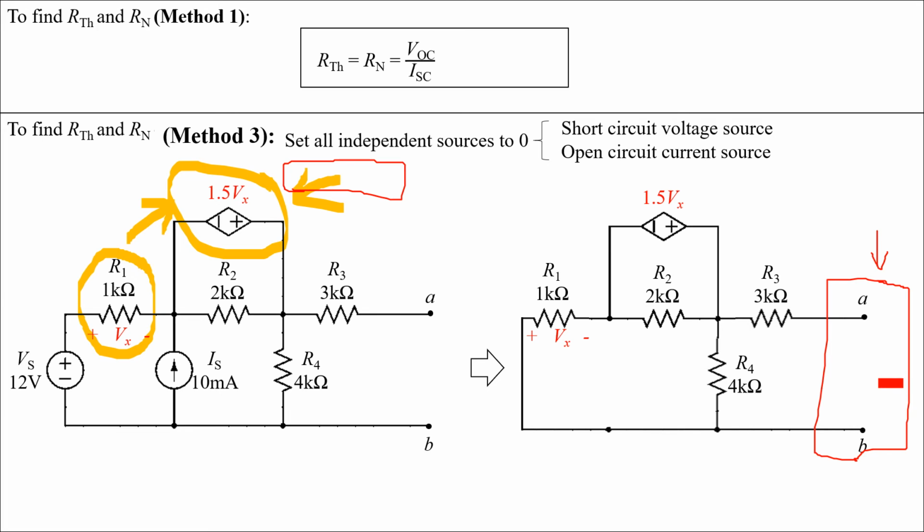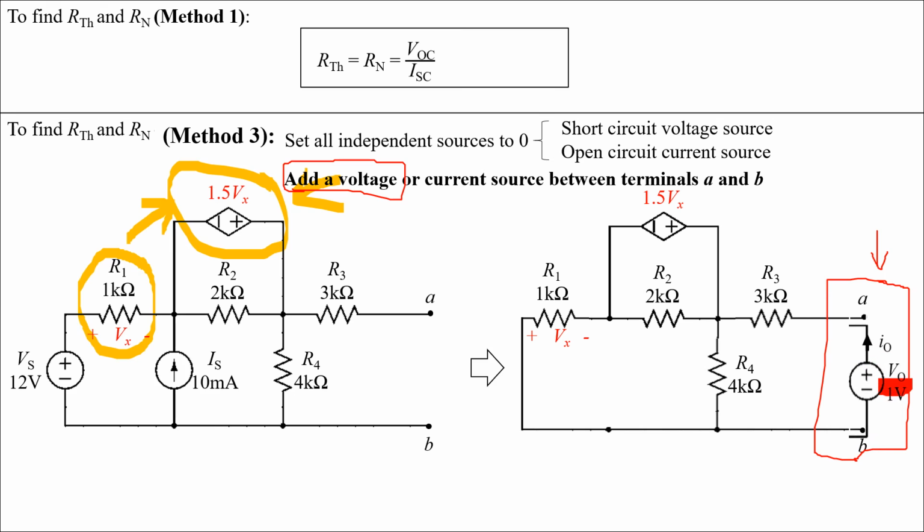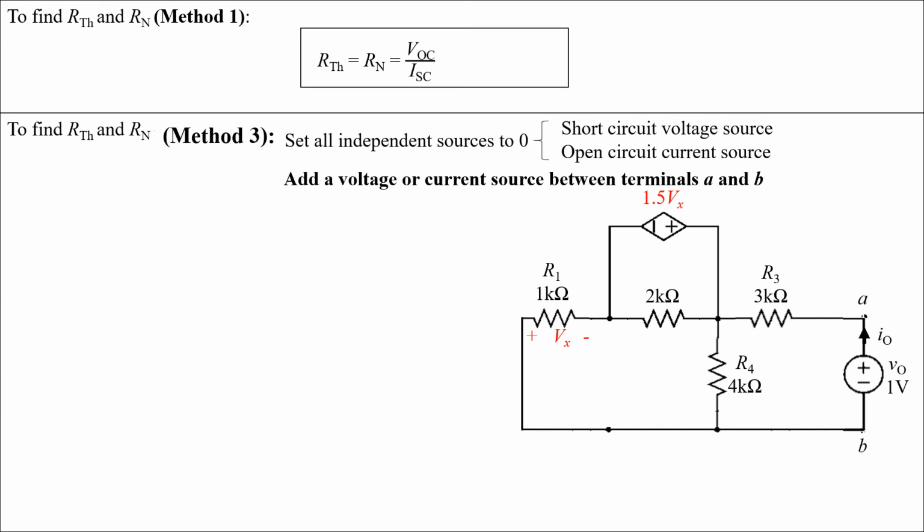You can also set it to 1.5 or 10 volts, whatever value. After adding the voltage source VO, our task now is to find the current passing through VO, that is to find IO.